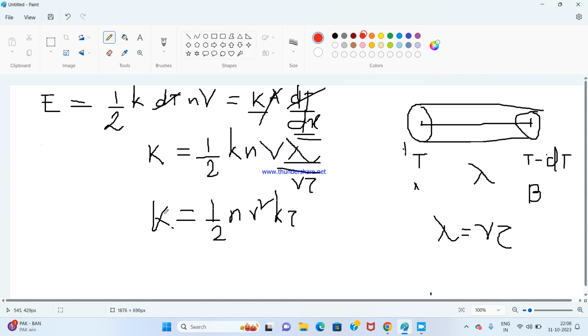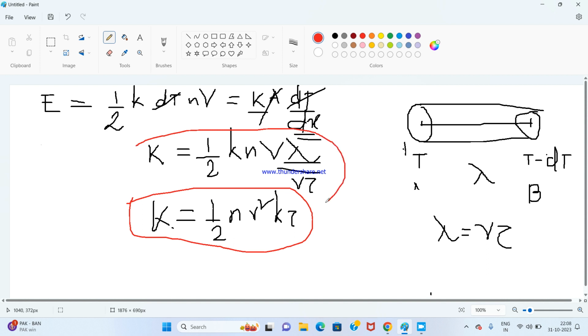So this is the final equation of thermal conductivity in terms of relaxation time, and the earlier one is the expression for thermal conductivity in terms of the mean free path and the velocity of the electron.